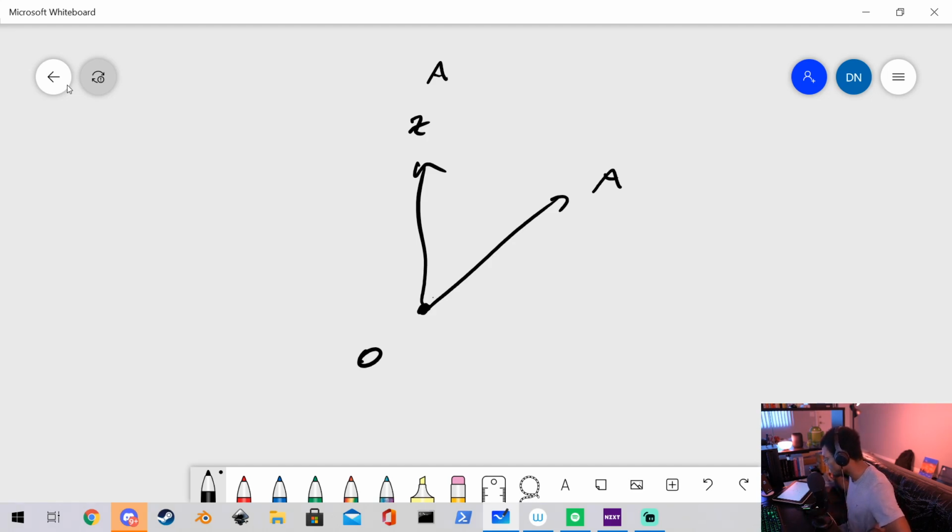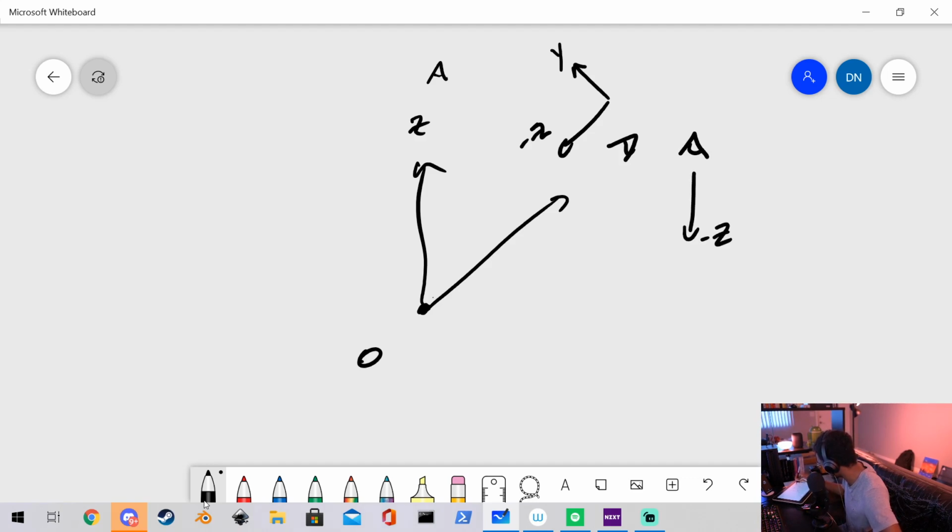So I want to edit this so that the camera looks in the negative z direction. And I'm pretty sure this is the y direction. So if it's looking like this, straight down, that's the negative z, and that's the y.